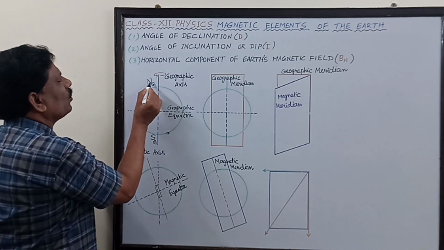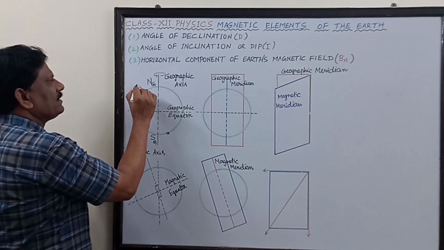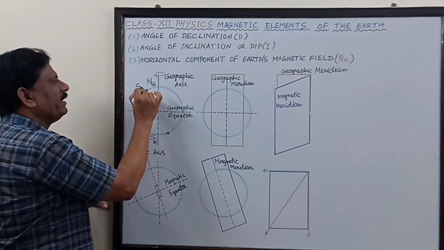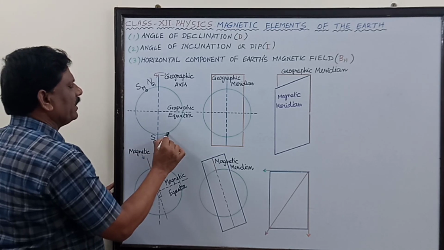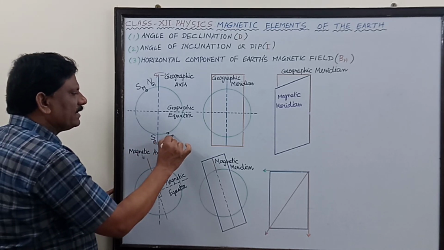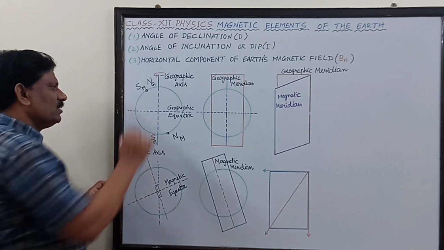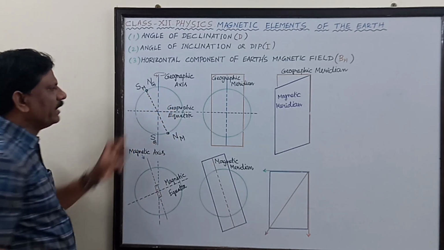So closer to the geographic north pole, there is a magnetic south. S represents south pole and M represents the magnetic south pole of the earth. Similarly, here closer to the south pole, this is a north pole. This is magnetic north.